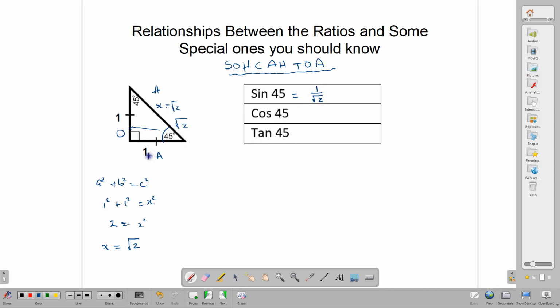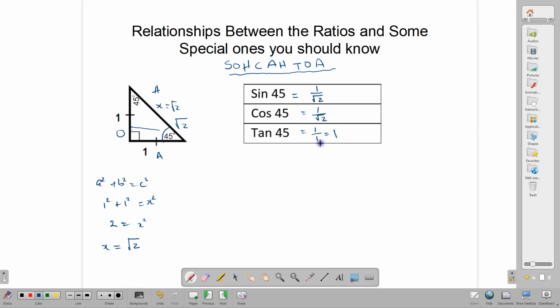Cosine of the angle is adjacent over hypotenuse, which is 1 over square root 2. And the tangent of 45 is opposite over adjacent, which is 1 over 1, which is 1.